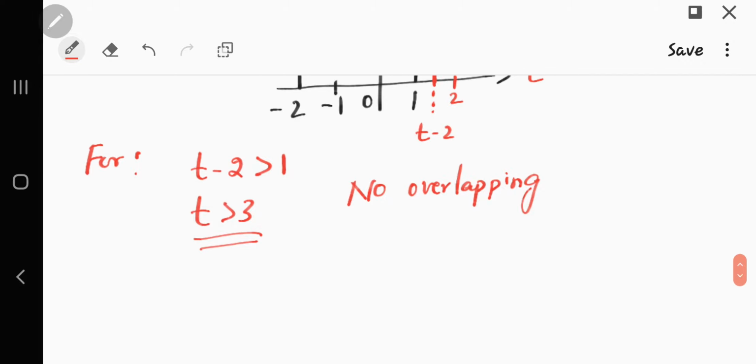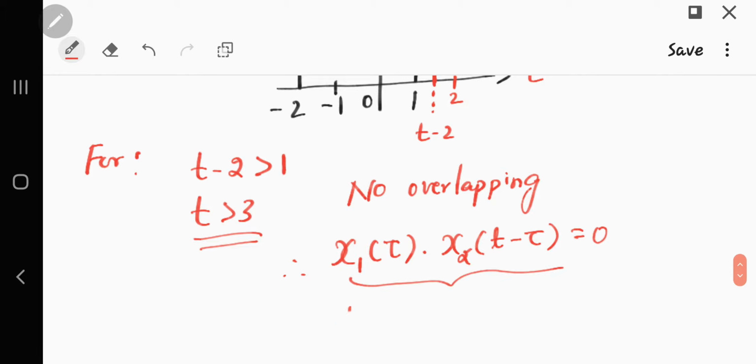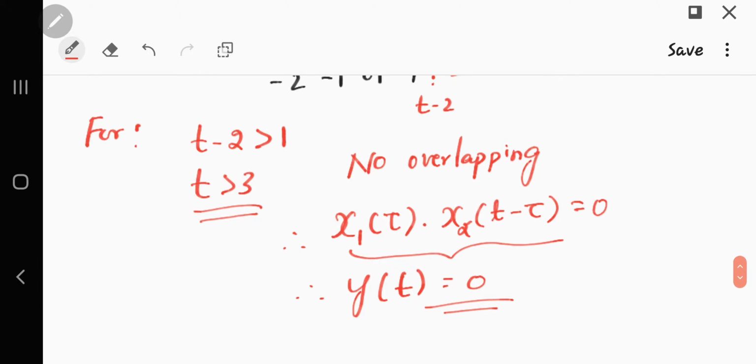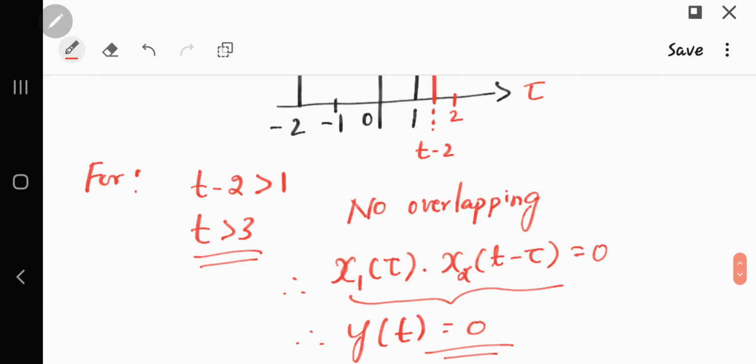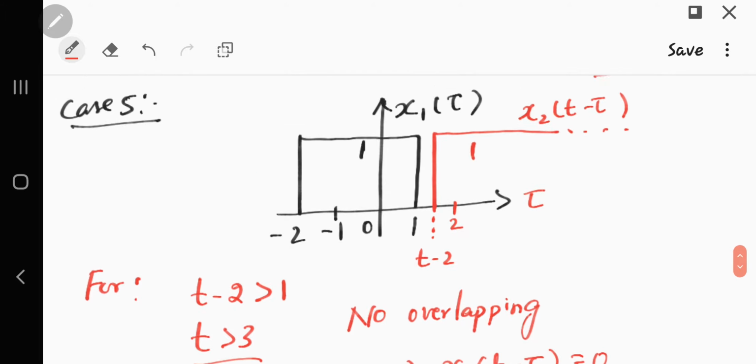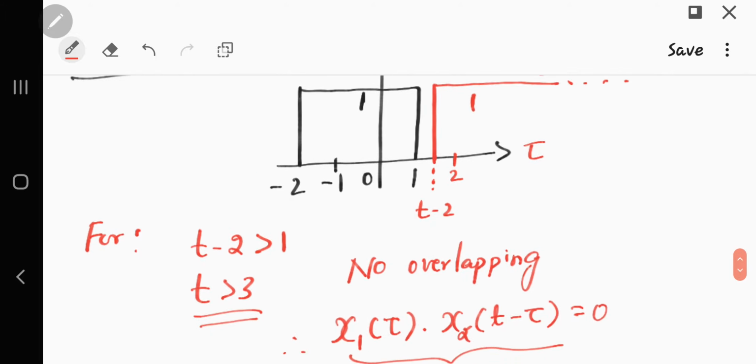Therefore, if there is no overlapping, then x1 of tau into x2 of t minus tau will become 0, and therefore y of t is also equal to 0. So no overlapping for values of t greater than 3 for y of t, which means the signal will become 0.